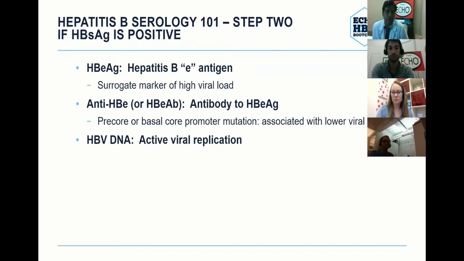We do that to identify if this patient has a wild type virus, or E antigen negative disease. Then we're thinking of a pre-core or basal core promoter mutation, in which case, if you're thinking of starting treatment, you will actually start treating at much lower levels.